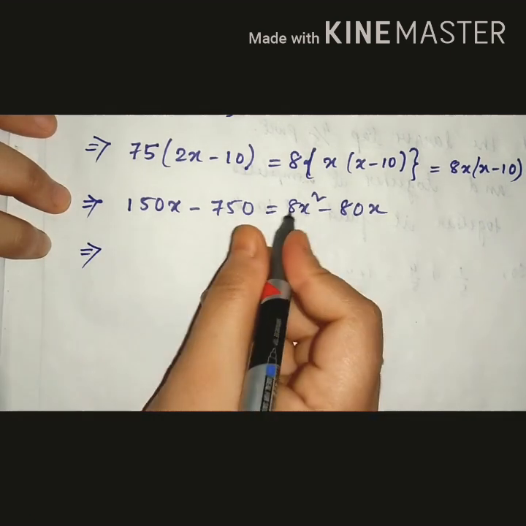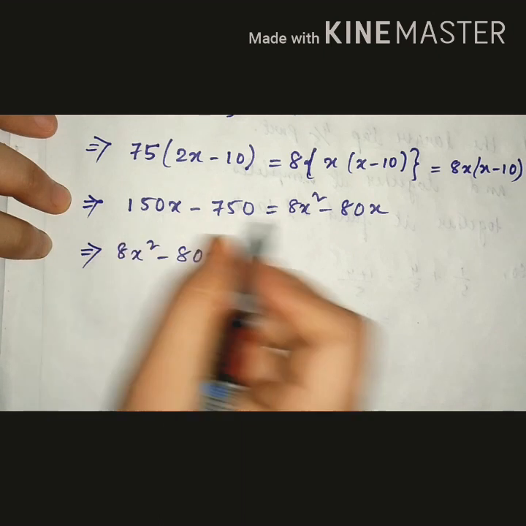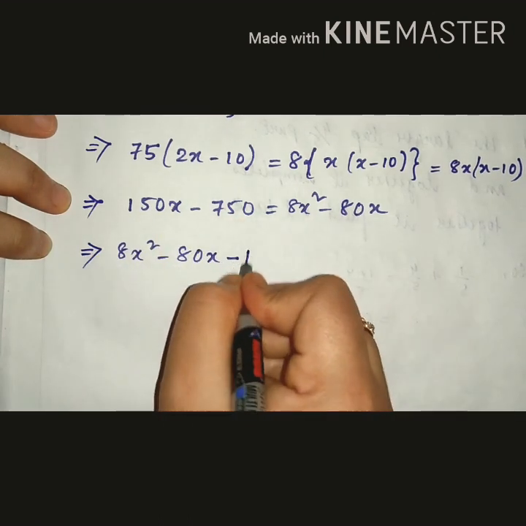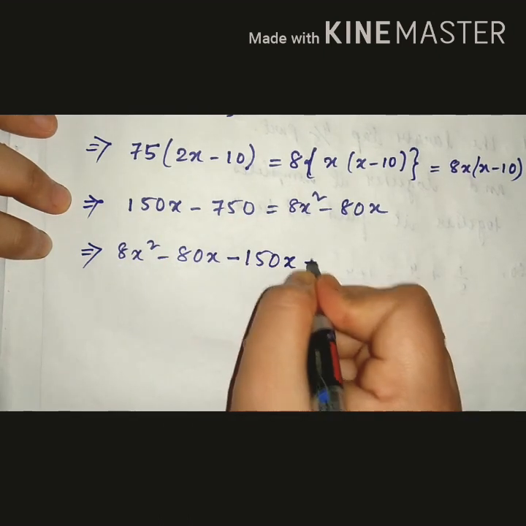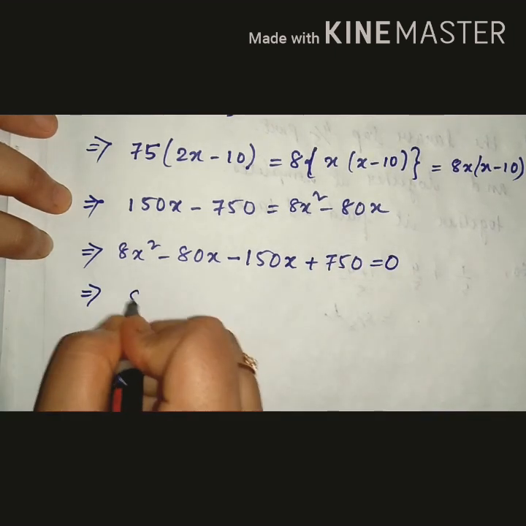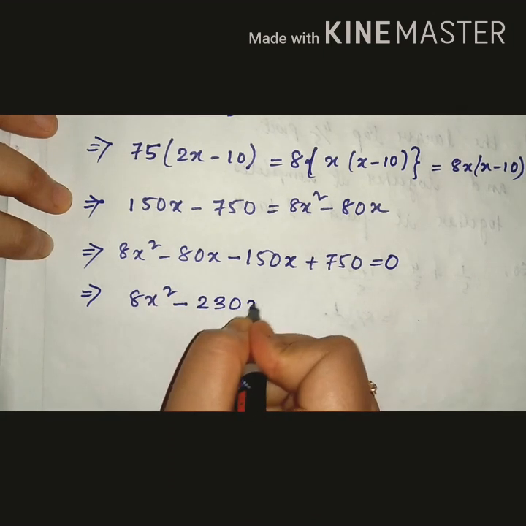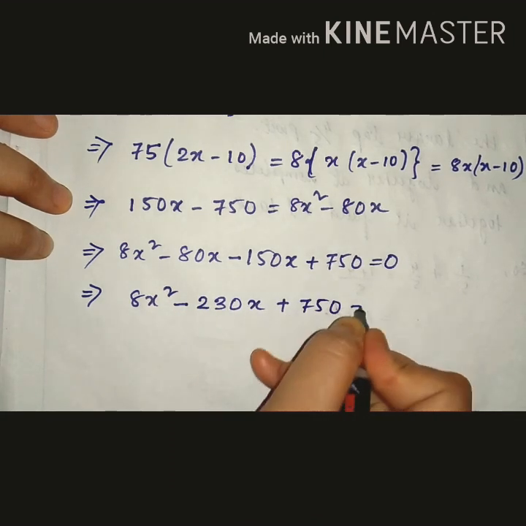Then 8x square minus 80x, bring this to that side, it will be minus 150x plus 750 equal to 0. Then 8x square minus 230x plus 750 equal to 0.